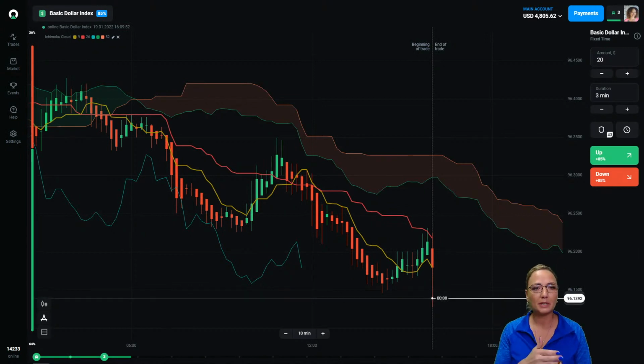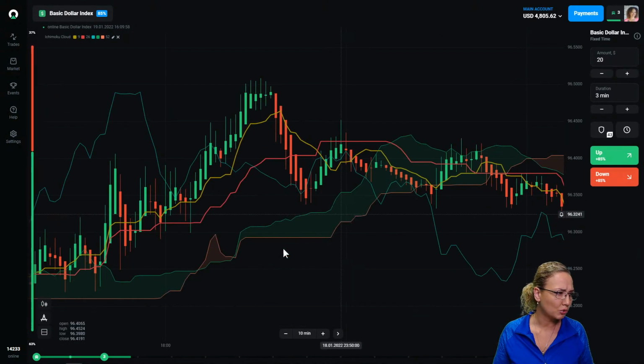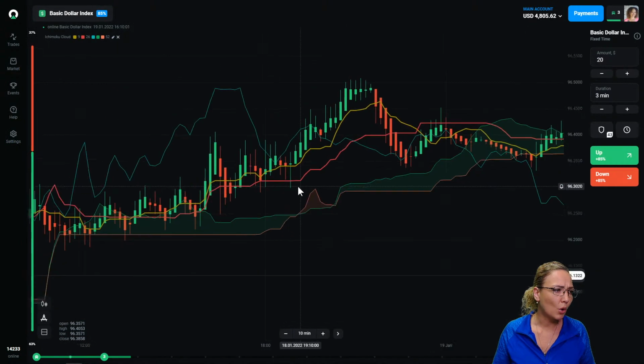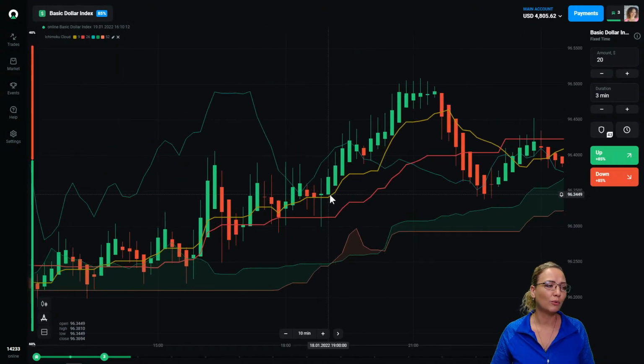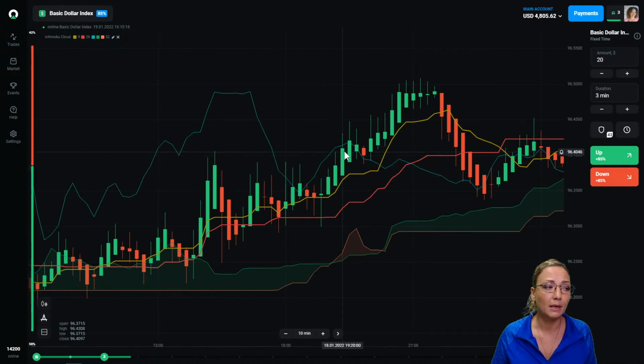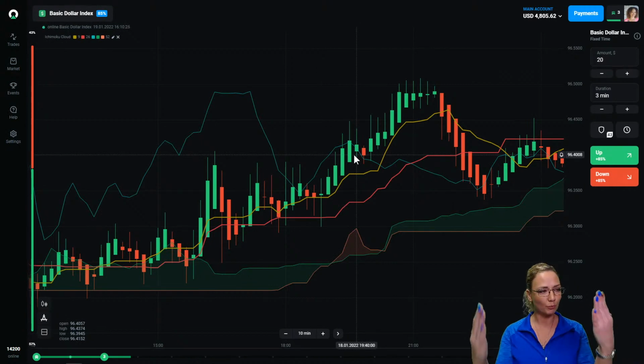But just so that everybody's on the same page and that we can follow along, when we observe a strong uptrend, let me make this a little bit bigger, we are going to look for green candles, preferably big green bodied candles with wicks, these shadows, only on top of the candles. So this is going to be a strong up movement.